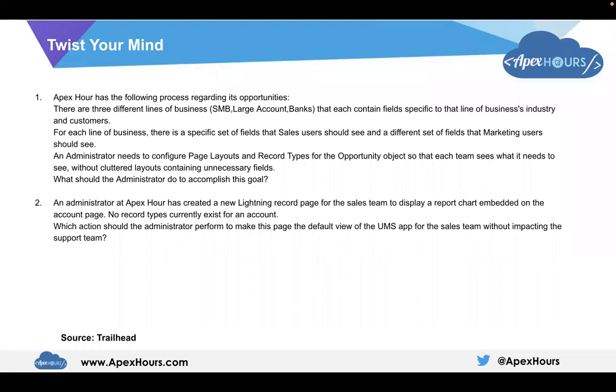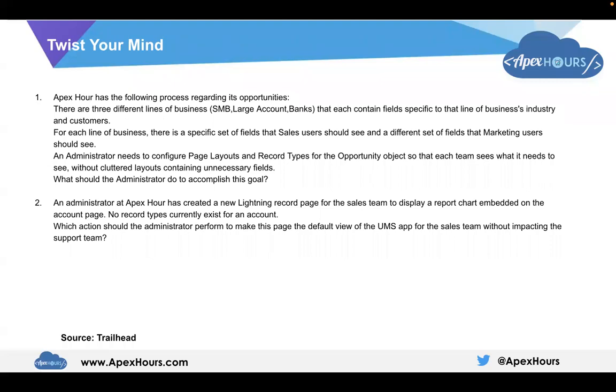Let's see how focused you were during this video and how much you were able to gain. I mentioned some questions and scenarios here, and the source of these is Trailhead, with no guarantee, and we do not claim that these questions will occur in the exam or not.